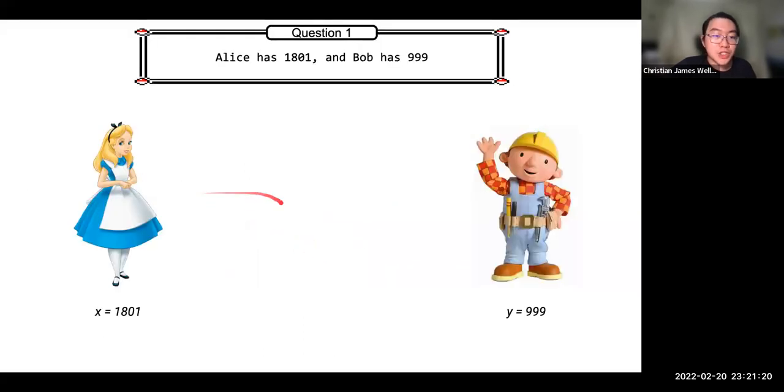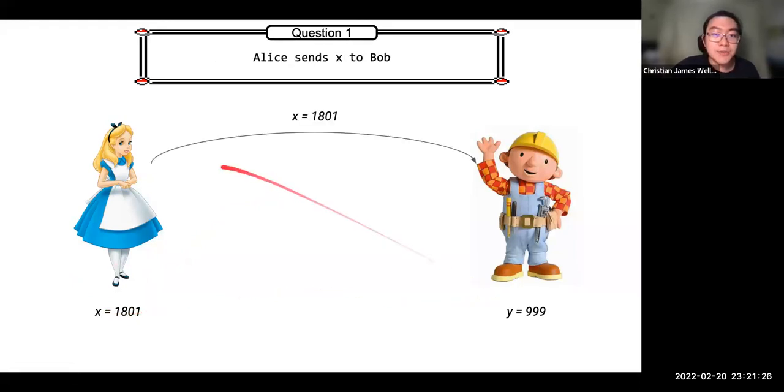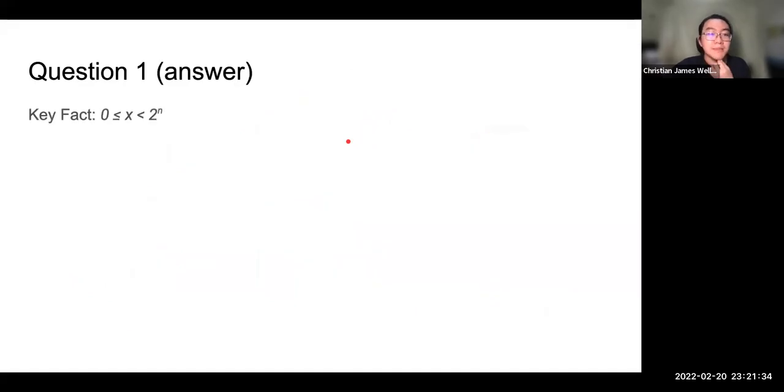Here's an illustration. For example, Alice has the number 1801 and Bob has 999. Alice will send x equals 1801. What's the cost to send this number? Going through the answer, the key fact to note is that the number x is between 0 and 2^n, inclusive for the 0 side.